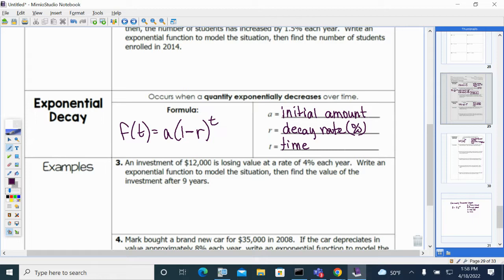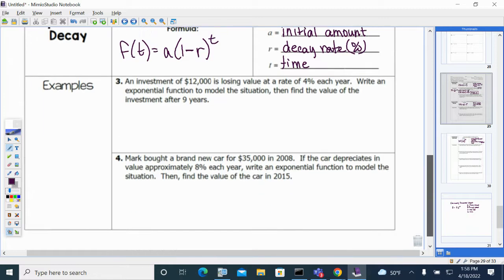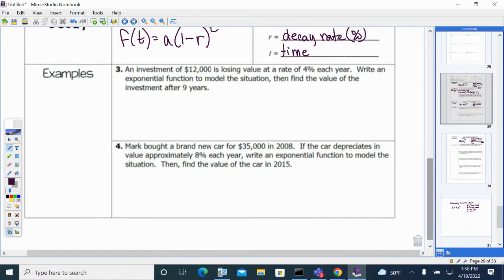So let's look at example number 4. I like example number 4. Mark bought a brand new car for $35,000 in 2008. If the car depreciates in value approximately 8% each year, write an exponential function to model the situation. Then find the value of the car in 2015.